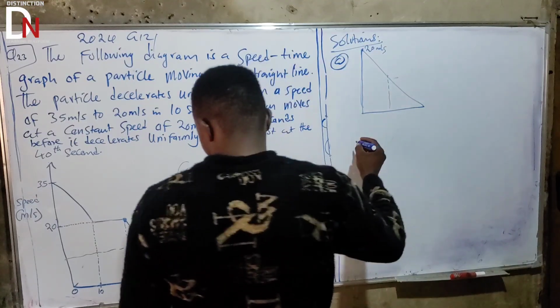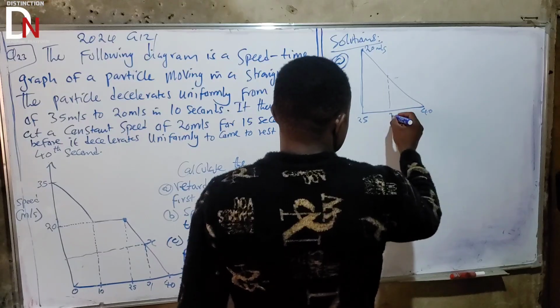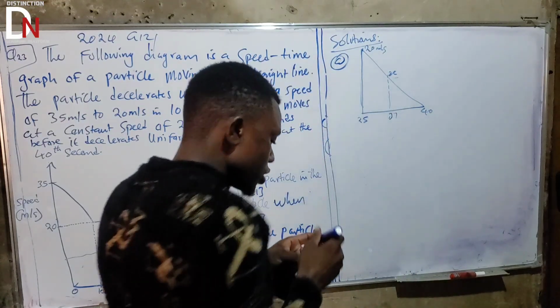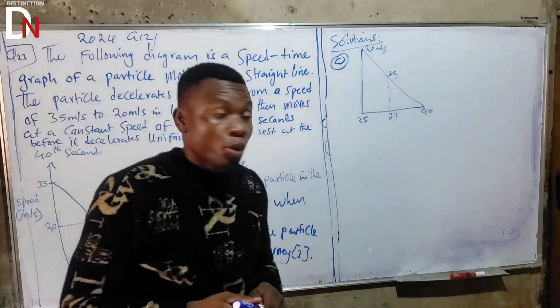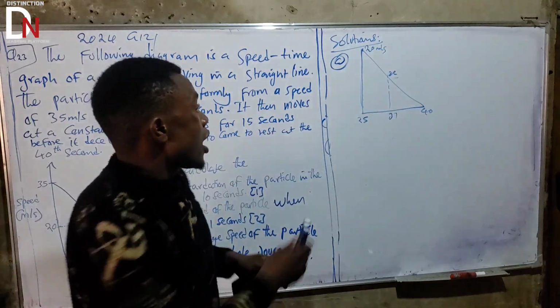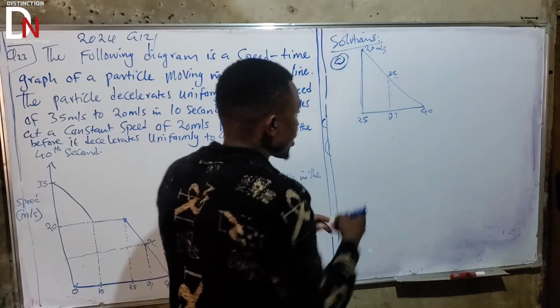And basically I have 25, this is 40, this is 31. So I don't know my speed there. So I can use the concept of similarity and congruence. I can separate these: I have a big triangle, this one, and a smaller triangle. So I can separate them.